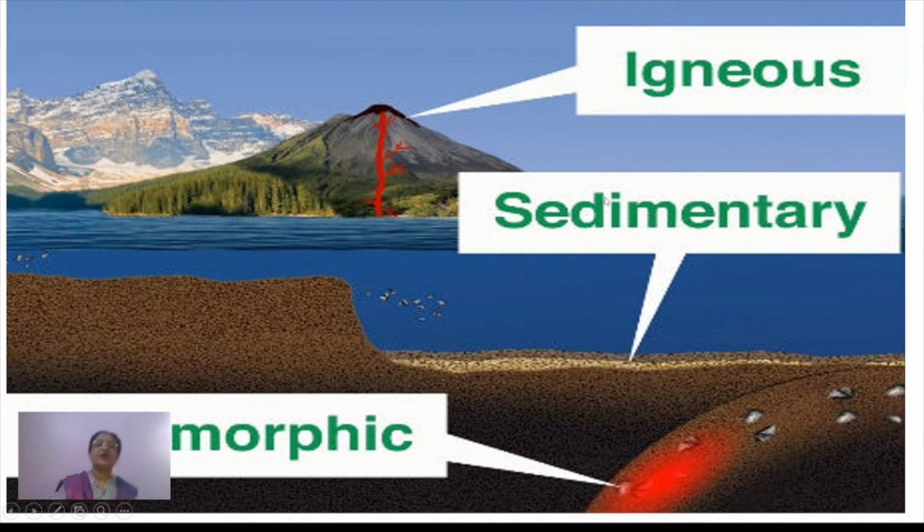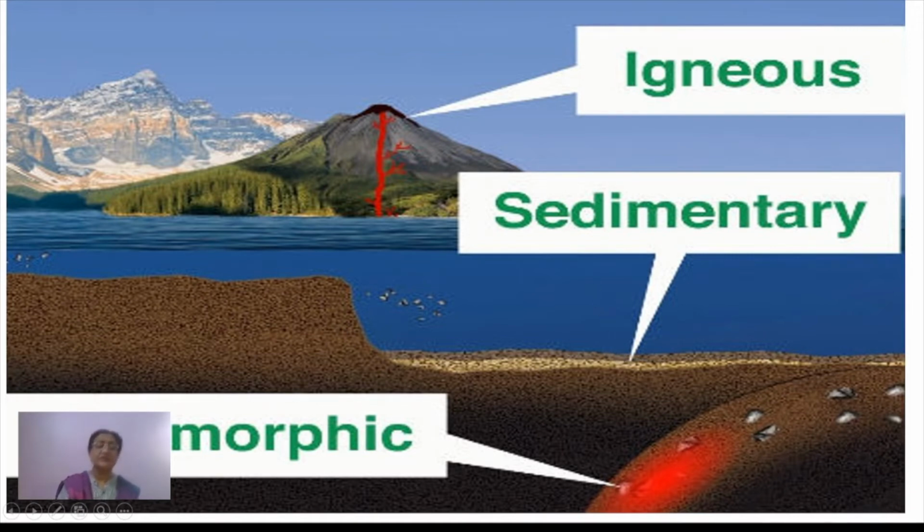You can see here how these three different types of rocks can be seen in different parts of the earth. Igneous rock is related to volcanic activities or a volcano, so it is found there or close by. Sedimentary rocks generally are seen near water bodies most of the time.